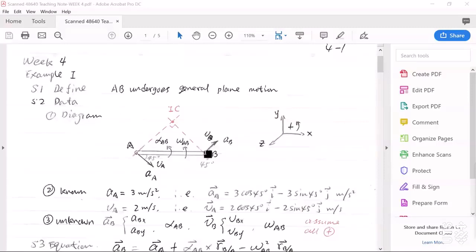Because point B is similar to point A, at point B the directions of VB and AB must be parallel to the plane.